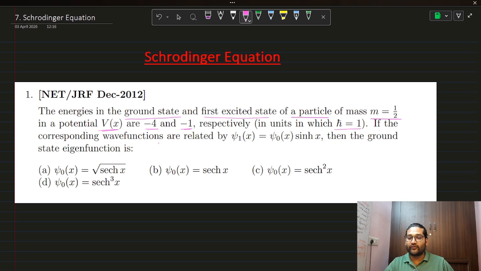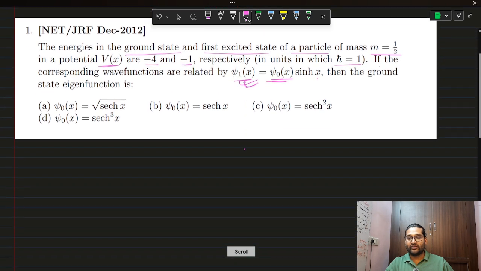If the corresponding wave functions are related by psi 1 x equal to psi naught x times sine hyperbolic x, then what is the ground state eigenfunction? So we have to find the ground state eigenfunction. Okay, so how do we solve it?